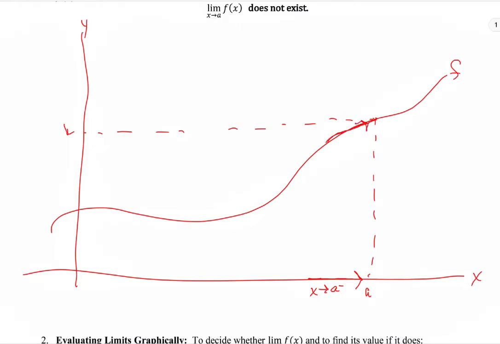Now, notice that what the limit is giving me back is a y value.